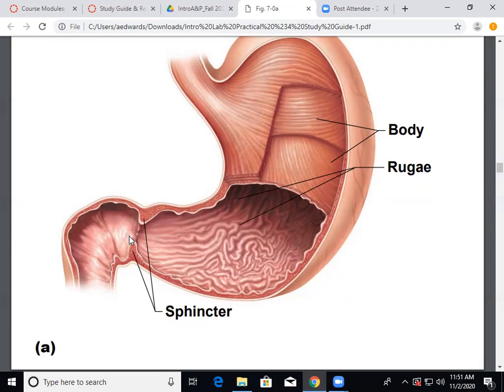Now, at the ending of your stomach going into the small intestine, there is a sphincter. A sphincter is basically a ring of involuntary muscle, and it controls food moving into the small intestine.